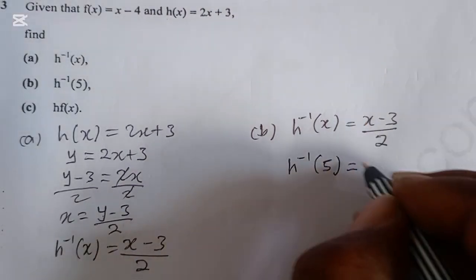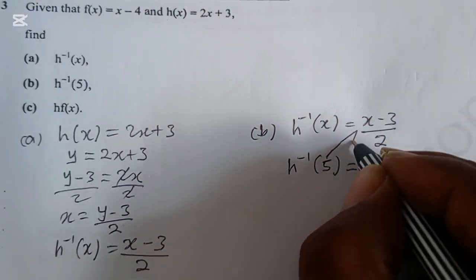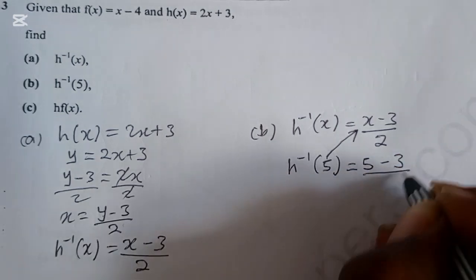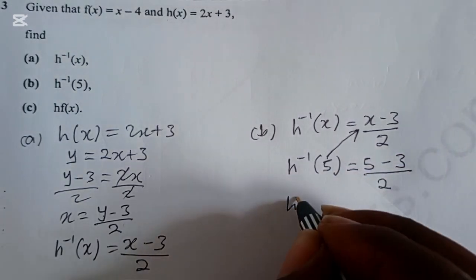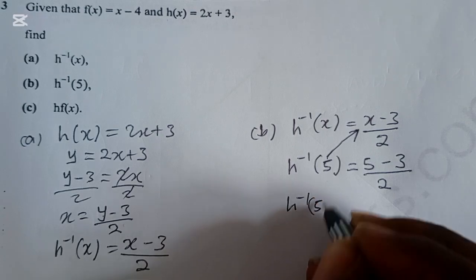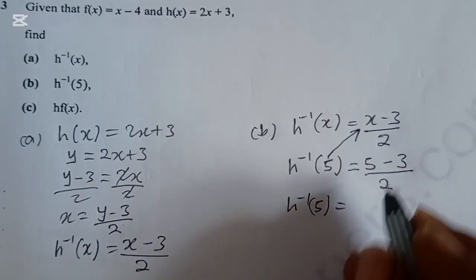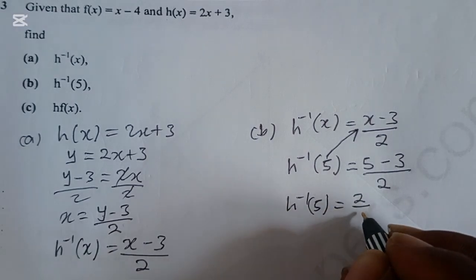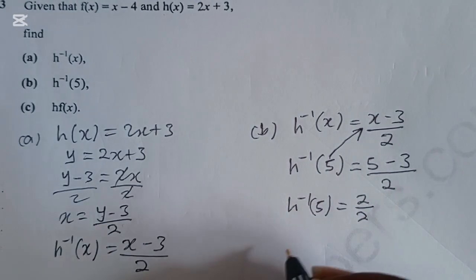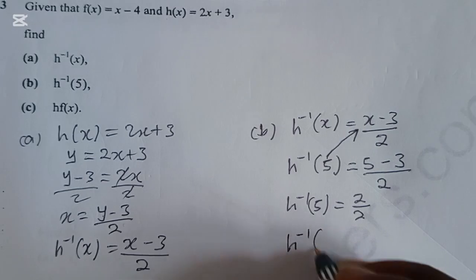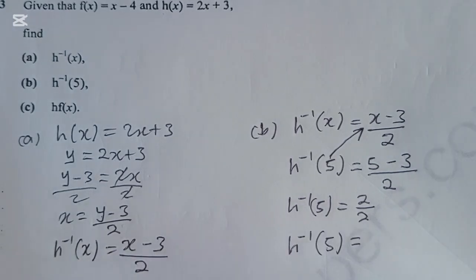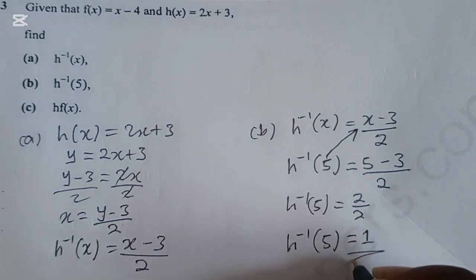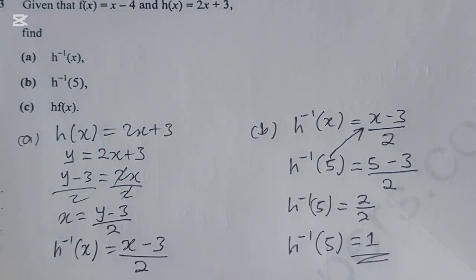So it is going to be 5 minus 3 over 2. h inverse of 5 is equal to 5 minus 3, it is 2 over 2. So h inverse of 5 equals 2 into 2, it is 1. So that is our answer.